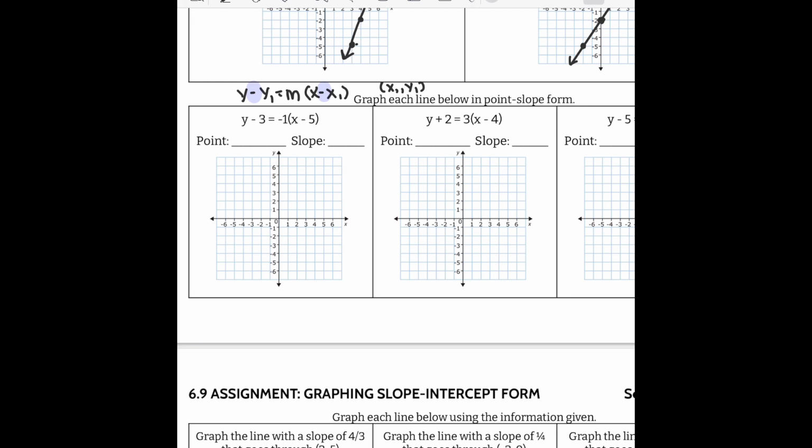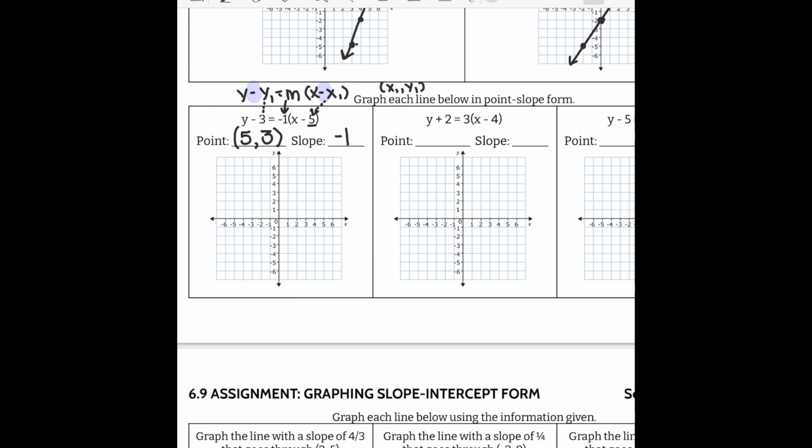For example, on this first problem, 5 is the number that I'm actually subtracting, so x1 is actually 5, not negative 5. And y1 is actually 3, because you're asking yourself what number is being subtracted. So it sort of cancels out those negatives. And then the slope is always the number in front of the parentheses, which is negative 1.